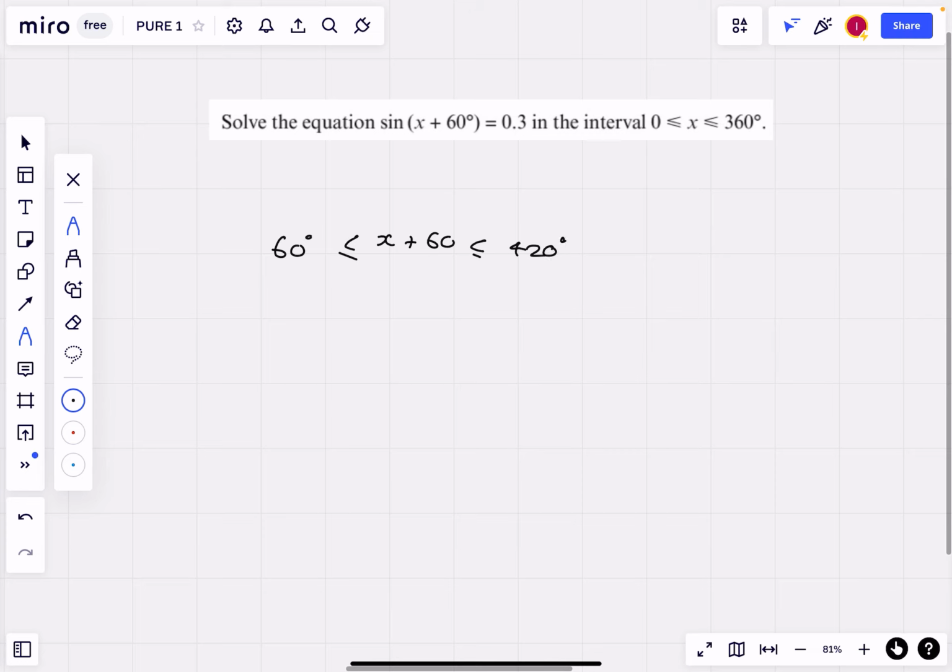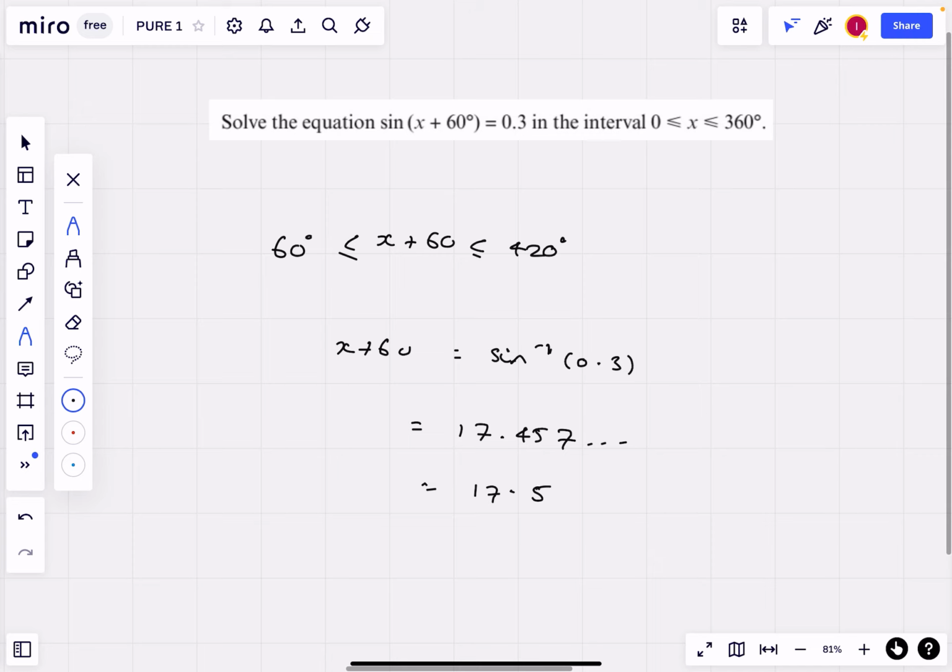You're solving for x plus 60. X plus 60 is equal to sine minus 1 of 0.3, which gives you 17.457 blah blah blah. So let's go 17.5 degrees.